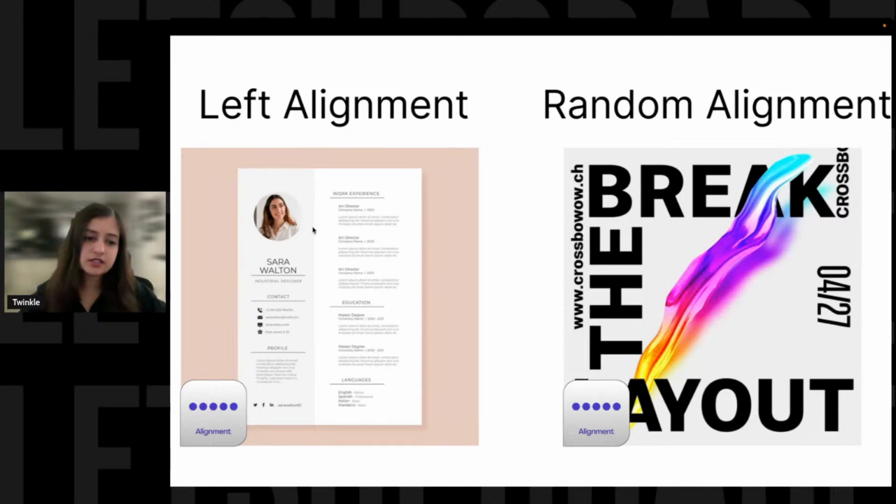And because a resume is supposed to be driven by the information that we are putting there, it is very important to keep it left aligned and keeping it minimal. But at the same time, when we talk about creating a graphic for social media or even a website banner, there are no rules.